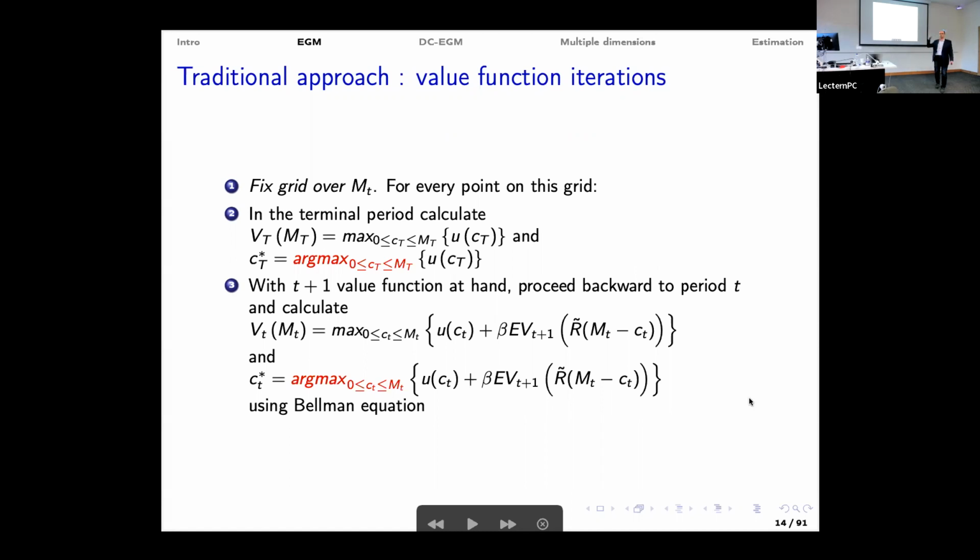In the finite horizon, we just calculate value functions starting with the capital T, where the value function is just the maximum utility. The answer, of course, is very simple here. Utility is monotone increasing, so you just consume the whole M_T in the last period. But in the periods before that, we're solving the Bellman equation.